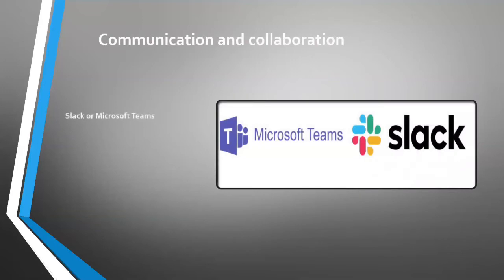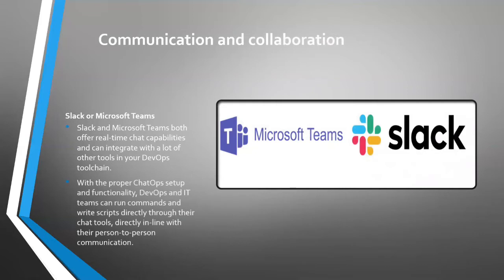Slack and Microsoft Teams both offer real-time chat capabilities and can integrate with a lot of other tools in your DevOps toolchain. You can ingest alerts from your monitoring and alerting tools into Slack or Microsoft Teams and use the tool to communicate around production incidents, deployment failures, and so much more.